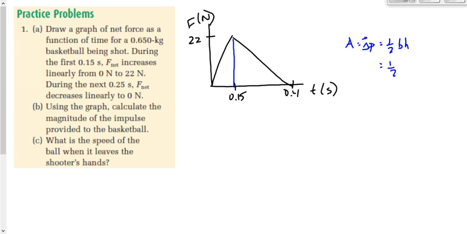You don't have to have a right-angled triangle to use this equation. You do use the Pythagorean theorem, but not the area of a triangle equation. The base here is 0.4, and the height is 22. And when we multiply 1/2 times 0.4 times 22, we end up getting 4.4, and the units there would be Newton seconds.